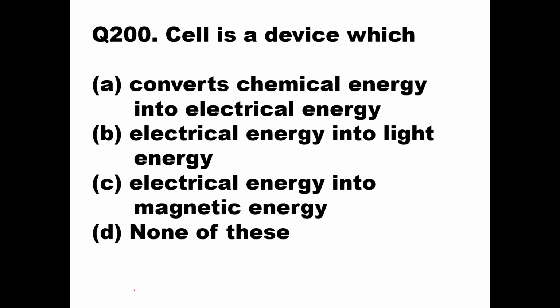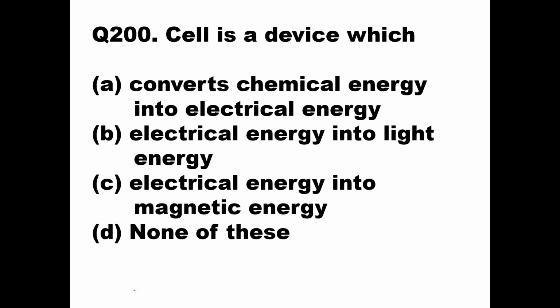Question number 200. Cell is a device, okay, is a device which converts what? Chemical energy into electrical energy, or electrical energy into light energy, or electrical energy into magnetic energy, or none of this. Obviously, a cell is a device which is made up of chemicals. So it is going to convert chemical energy into electrical energy.